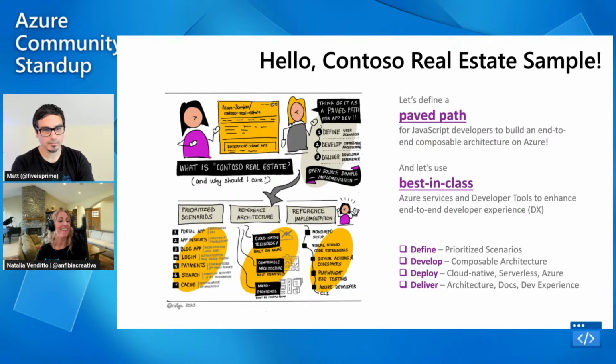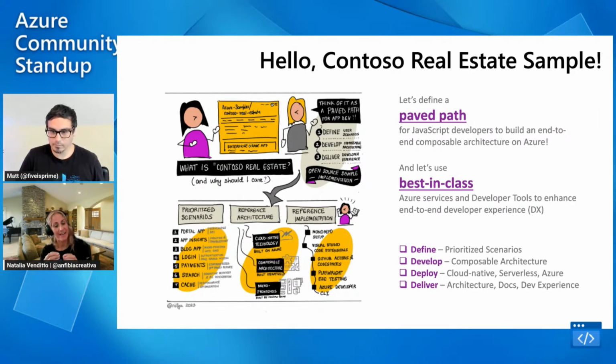Yeah, there's a lot to unpack when it comes to the Contoso real estate app, because we wanted to showcase everything, every service, again, every tool, every tiny piece, every Lego block, like we mentioned, that is a part of this architecture.